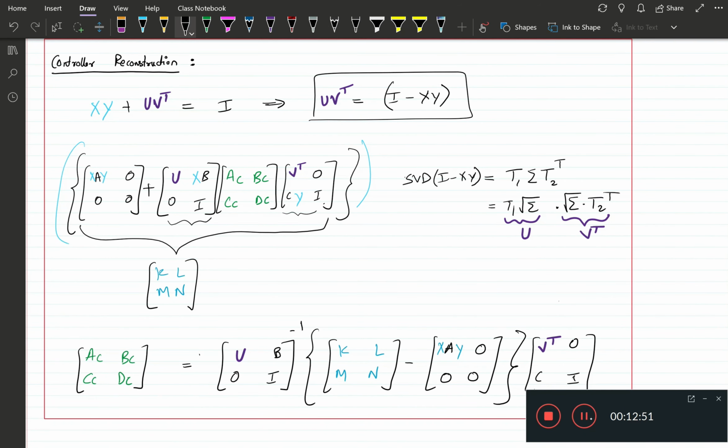What we still need to do is to compute the U and the V, which are required for computing these matrices, which are not amongst the usual LMI variables. And in order to do that, we use this condition that we had obtained from the fact that P P inverse is identity, and then we can just simply do an SVD, a singular value decomposition of I minus X Y, and obtain U and V matrices like this.